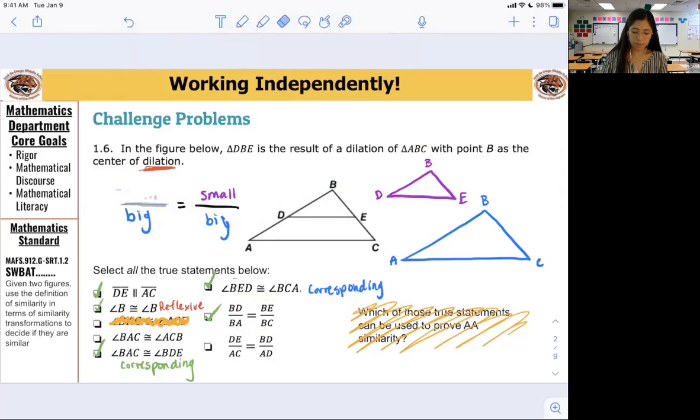Okay. Now, what about the last one? DE over AC equals BD over AD. Does that work? No. No, why not?